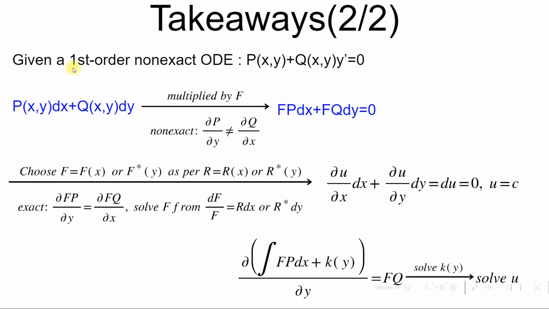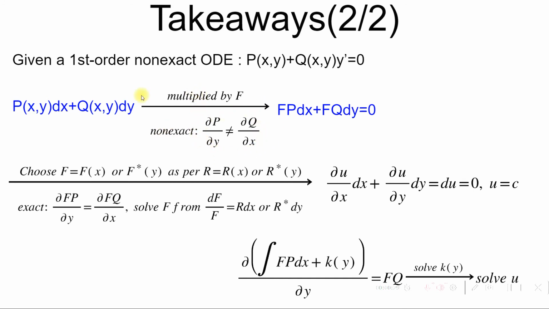Now we are given a first order non-exact ODE, this one. Because this is non-exact, we cannot solve this equation by simply integrating. We have to find an integrating factor first. Because this is non-exact, the exactness condition will not be met.